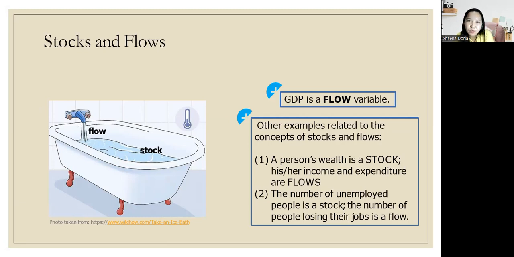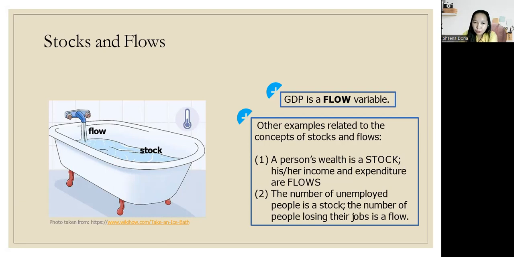Diba? So ibig sabihin, yung total wealth mo is the stock. Pero every time you have salary from different flows of income, sabi nga nila, sources of income, it's your flow. The number of unemployed people is a stock. The number of people losing their jobs is a flow.